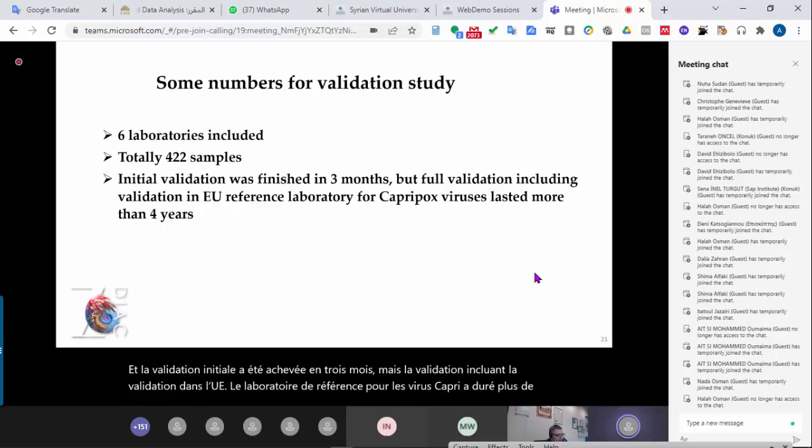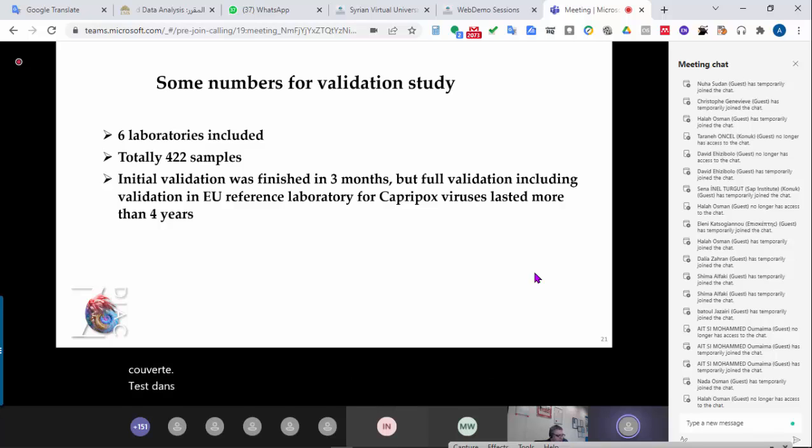Well, it could be finished much sooner, but because of this COVID situation, the testing in the EU reference laboratories was late by more than 1 year. So this is the reason why it took so long.